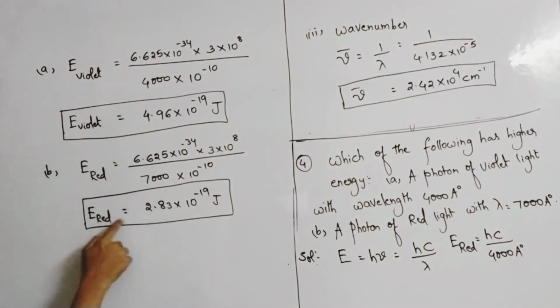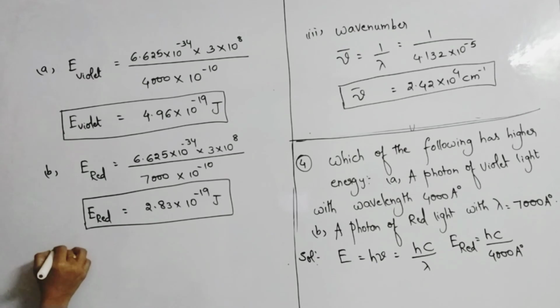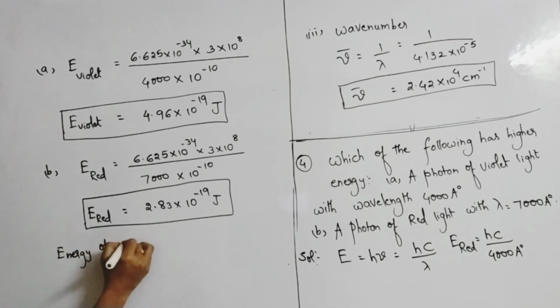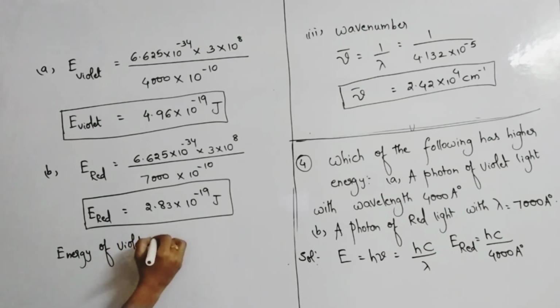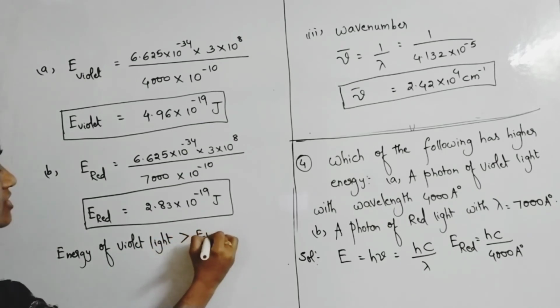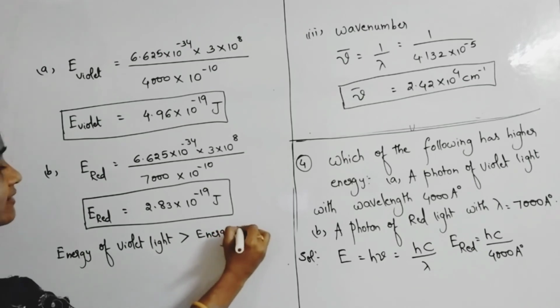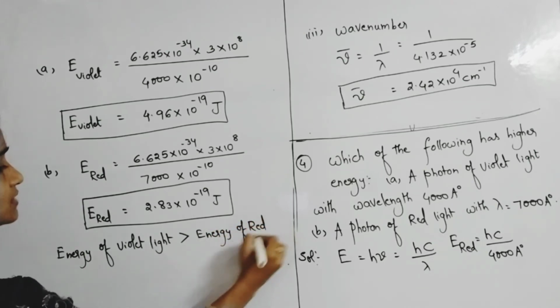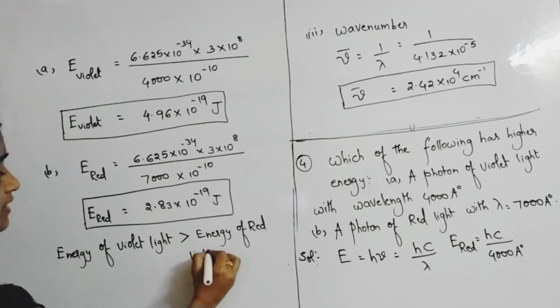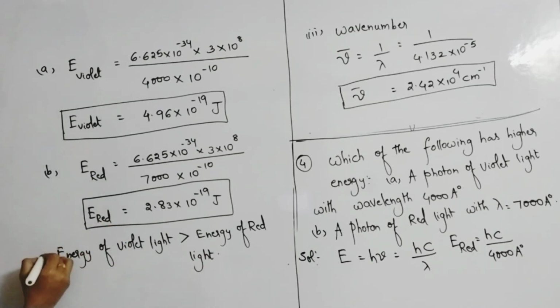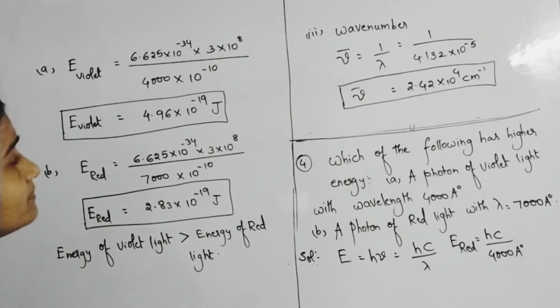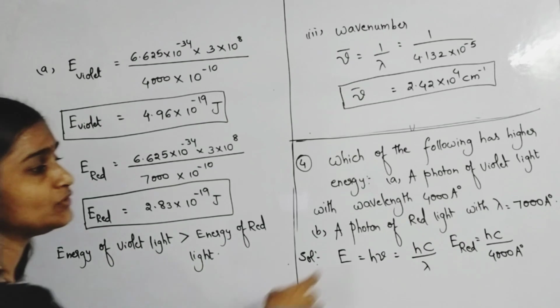So if you compare these two, the energy of a photon of violet light is found to be greater than the energy of red light. That is the conclusion.